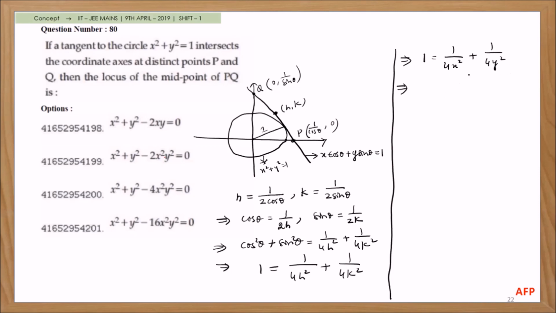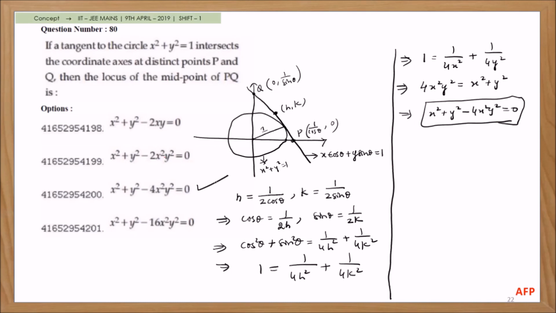If you go for cross multiplication, what you are going to get is 4x square y square equals x square plus y square. So this implies x square plus y square minus 4 times x square y square is equal to 0. So this is the equation we got, that is the locus of the midpoint.